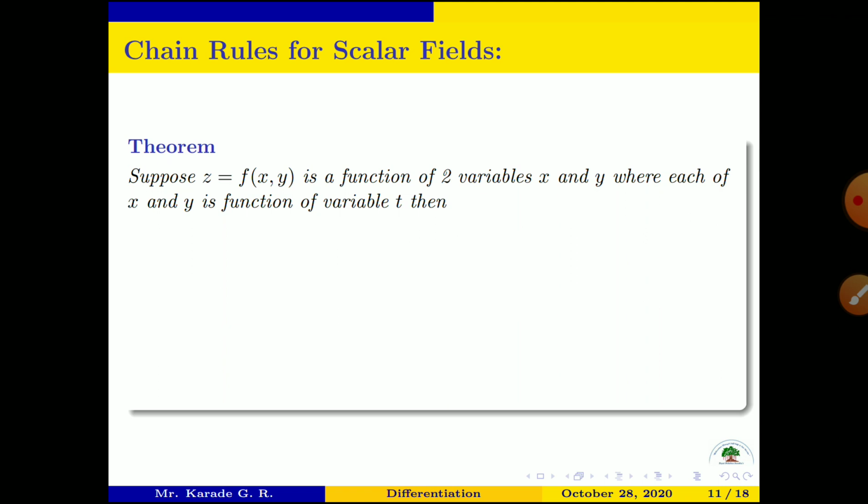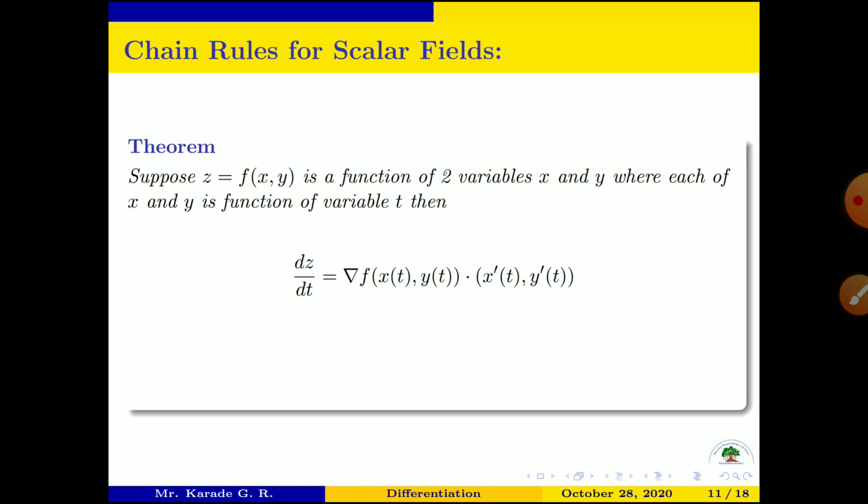We are given one function f which is a function of x and y, and x and y are again functions of variable t. Each of these x and y are functions of variable t. Then if we find the derivative of z with respect to t, that we will see here.